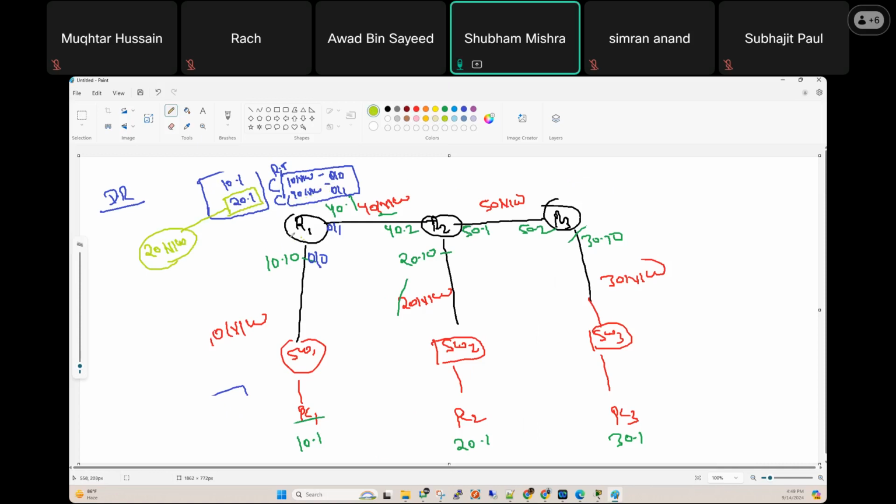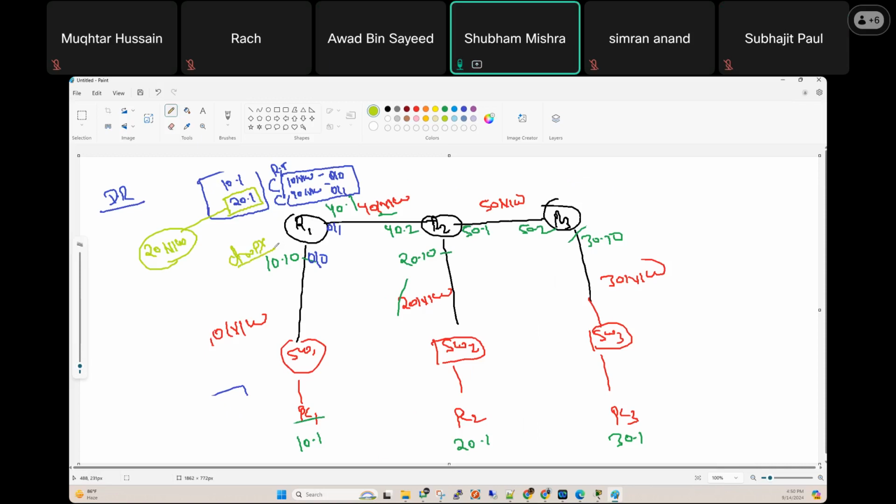So the router checks and finds that in my routing table only the 10 network and 40 network are there, the 20 network is not there. What will R1 do? R1 will drop this packet here, because R1 does not have a destination route. R1 doesn't know where to forward it. Are you getting my point? That's the reason R1 will drop it.